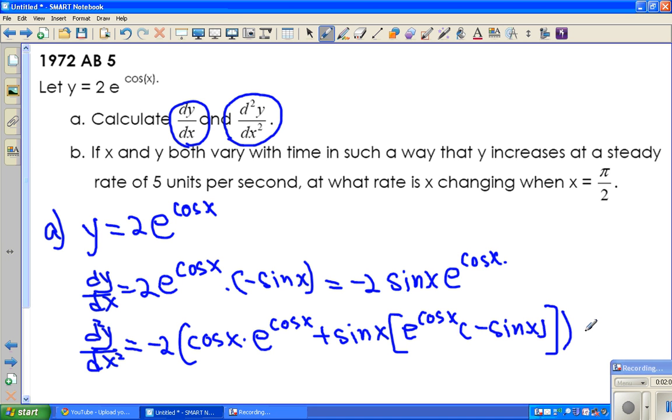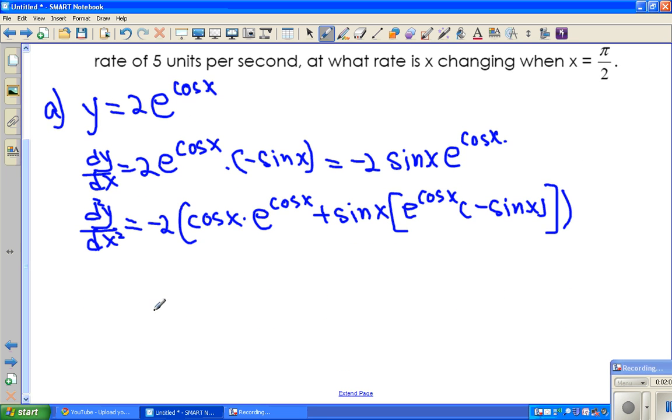Now, let us simplify this one a bit further. I'm just going to keep negative 2 as it is. And I realized that here we have e to the cosine of x common in both of them, so we will be taking that out.